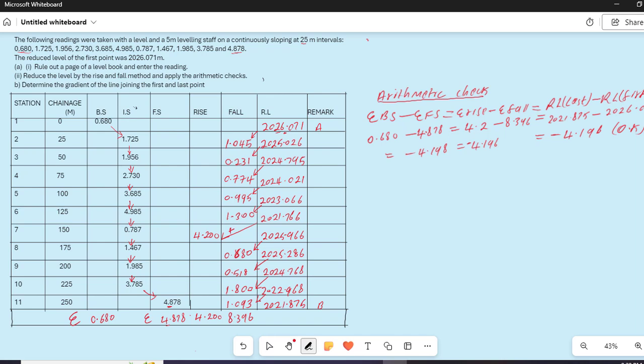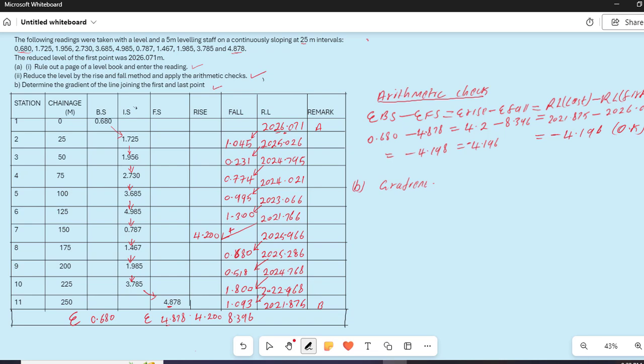So what is remaining is the gradient, which is my part B. Remember, gradient is always given by change in y over change in x.